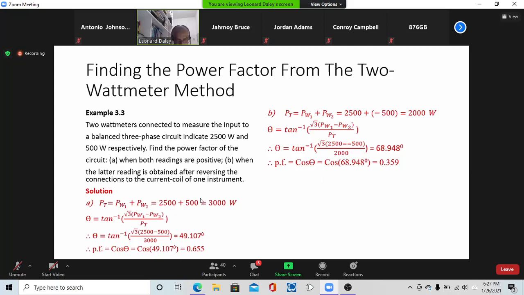So let us look at part A first, though. All right, so the total power according to wattmeter readings would be the 2,500 plus the 500, and that will give us the 3,000 watts. Then theta would be equal to the tan inverse of √3 times PW1 minus PW2 over PT.